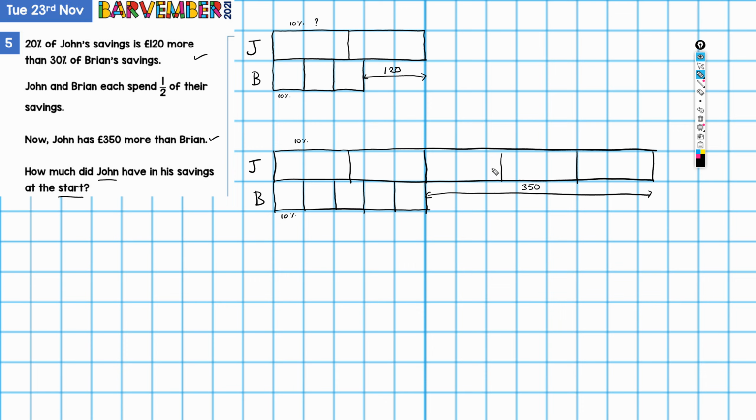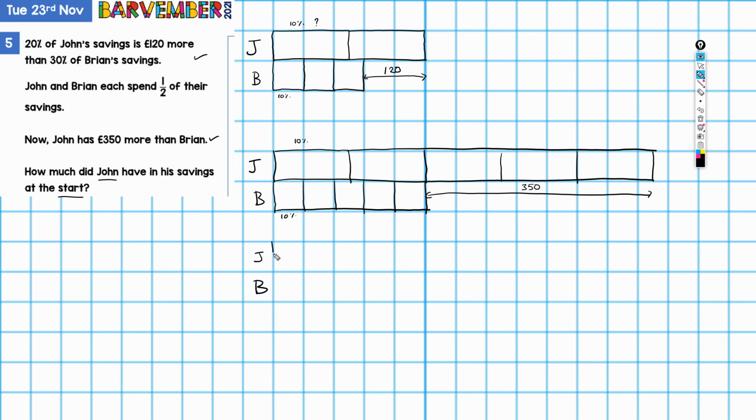Now, looking at this, what this shows to me is, well, actually, what we've done in previous problems is to redistribute differences. And so that's actually what I'm tempted to do here. So I'm actually going to redraw. First I'm going to redraw this one here. So we've got John and we've got Brian.